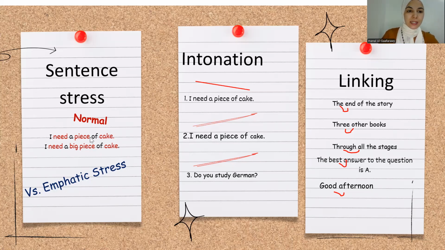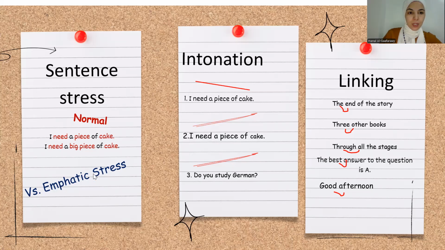So in these examples, the preposition of is not normally stressed. However, I can stress it if I want to emphasize that, for example, I need a piece of cake.